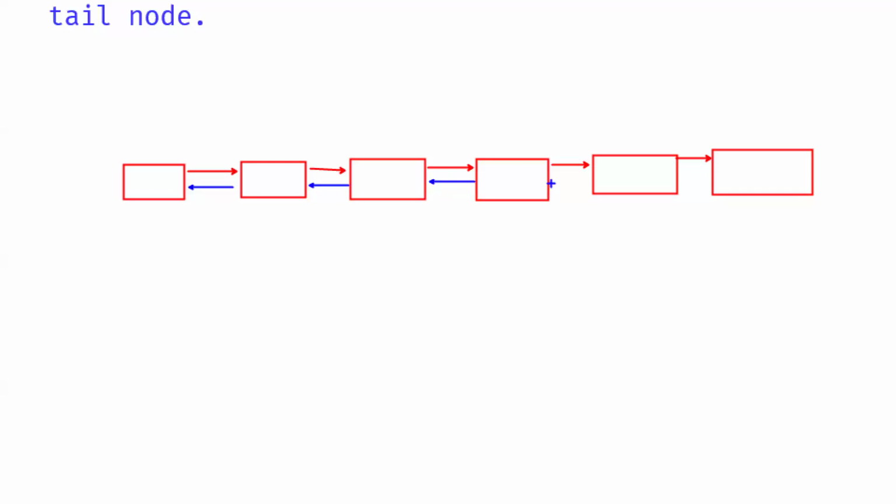Each is containing previous, data, and next. It is called a double linked format.